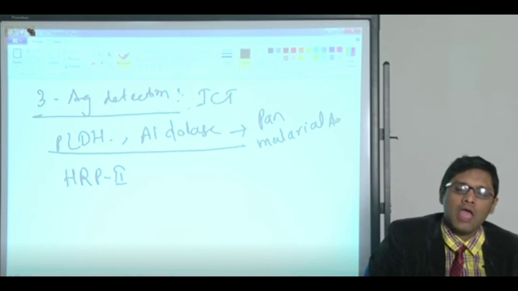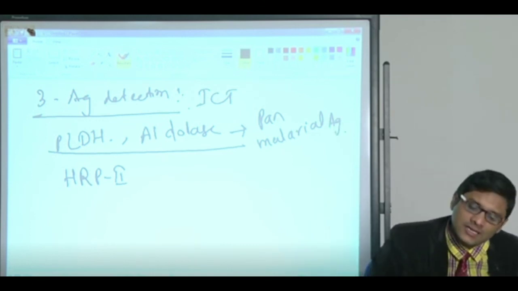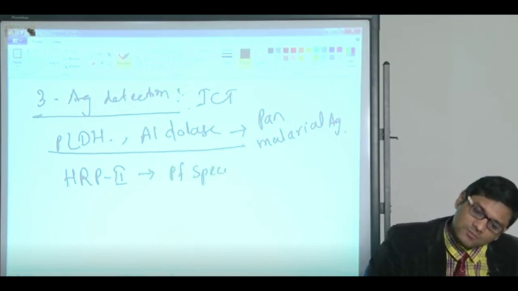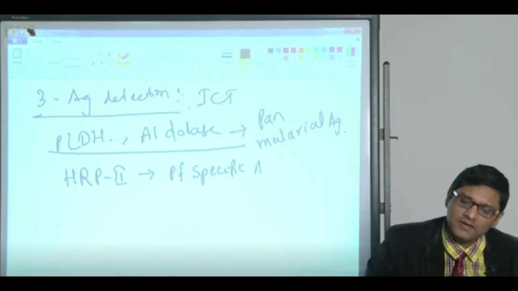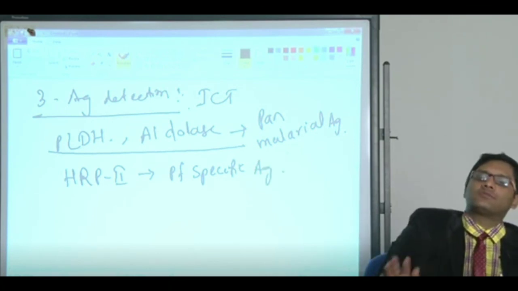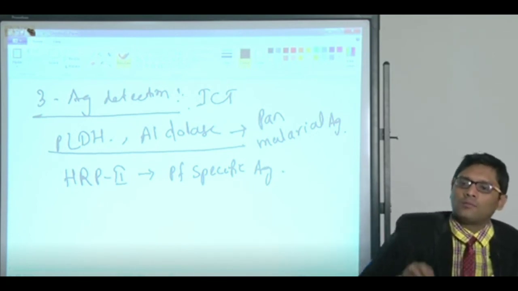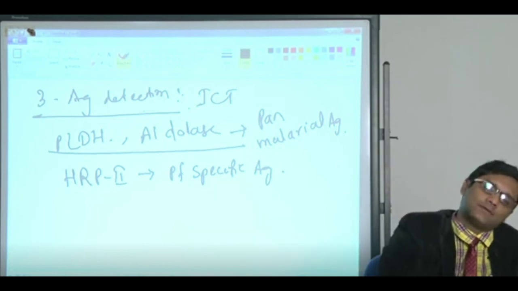They are present in all the species, whereas histidine rich protein 2 is PF specific. It is present only in Plasmodium falciparum. So, if histidine rich protein 2 is positive, that means it can confirm that it is Plasmodium falciparum.